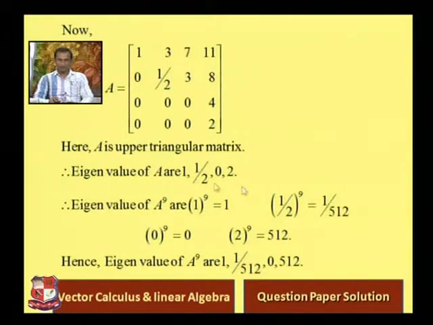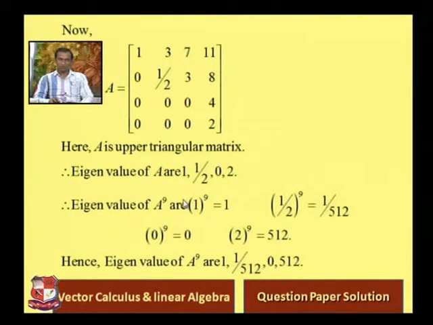So 1 raised to 9, 1 by 2 raised to 9, 0 raised to 9 and 2 raised to 9 are the eigenvalues of A raised to 9. 1 raised to 9 is 1, 1 upon 2 raised to 9 is 1 upon 512, 0 raised to 9 is 0, and 2 raised to 9 is 512. So 1, 1 upon 512, 0, 512 are the eigenvalues of A raised to 9, and this is the solution.